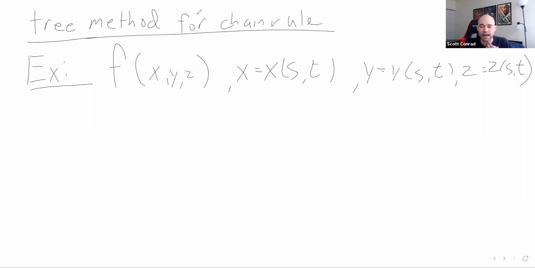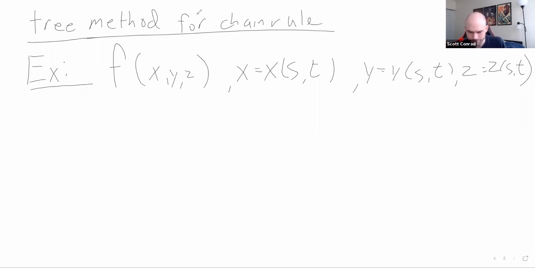So you can think of f as actually, this is just an example. I'm not even specifying what the functions are; we'll do an example with actual functions in a second.